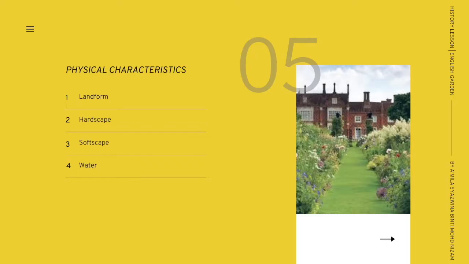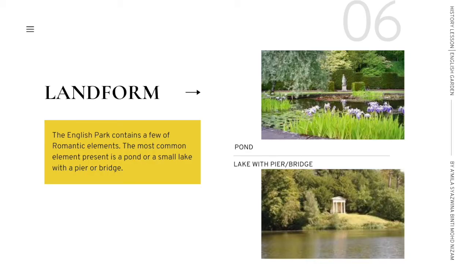without further ado, I'm going to explain the physical characteristics that I've noticed in the English landscape garden. The physical characteristics are given in four points: the first is landform, then hardscape, softscape, and also the use of water. In landform, the English park contains a few romantic land elements.